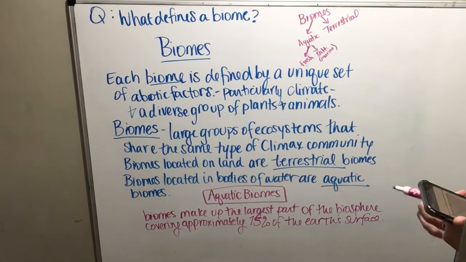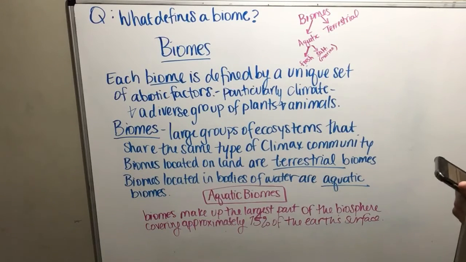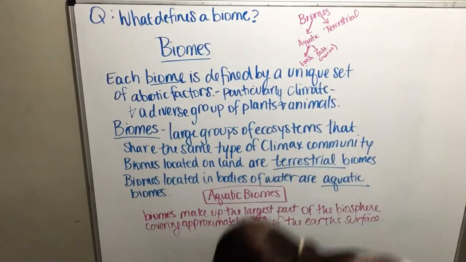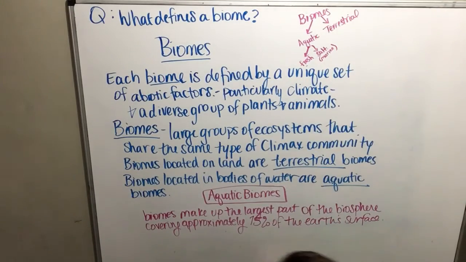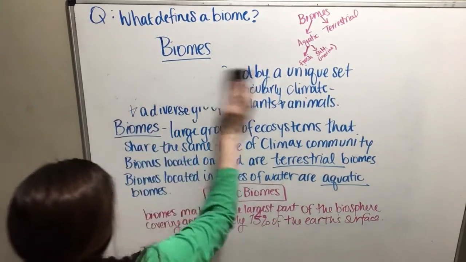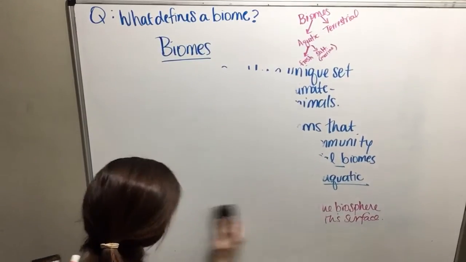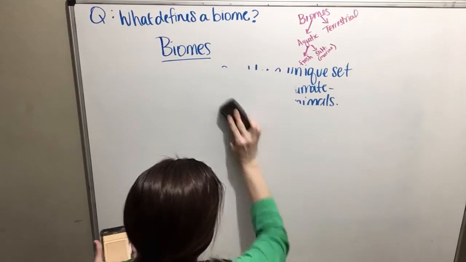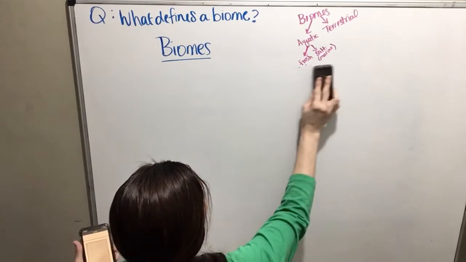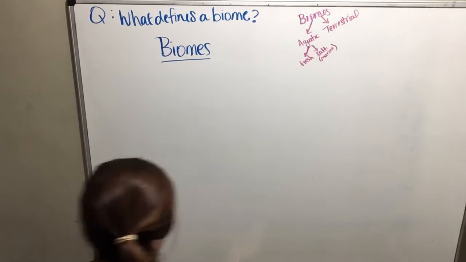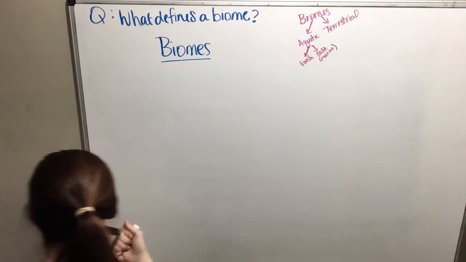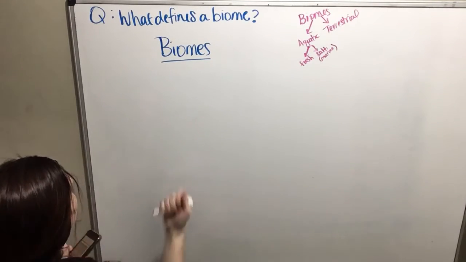Okay, so let's define those two. I've kind of run out of space down here, so I'm going to hop back up here. Okay, so let's talk about our freshwater.